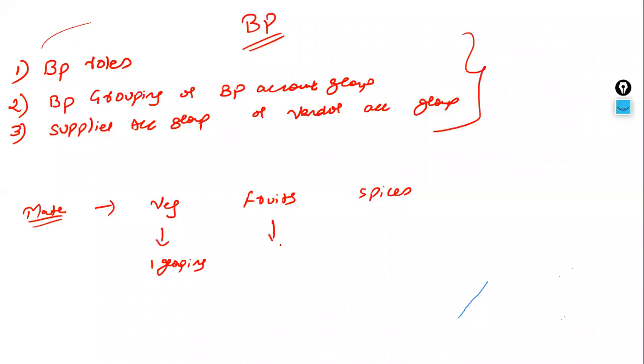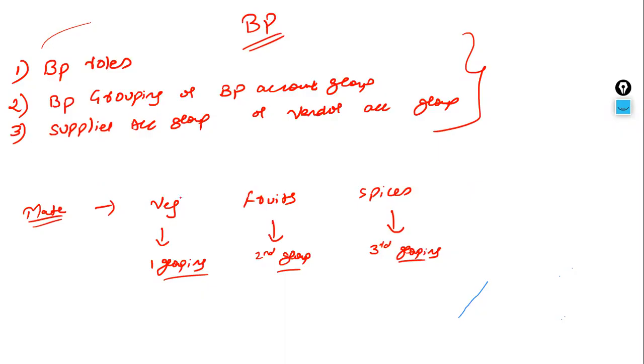Whoever is supplying the fruits, you can mention it as a second grouping. Whoever is supplying the spices, you can maintain it as a third grouping. So, do you mean it is like a category under which we distribute our vendors, I mean, business partners? Yes. Okay. It's the exact point.